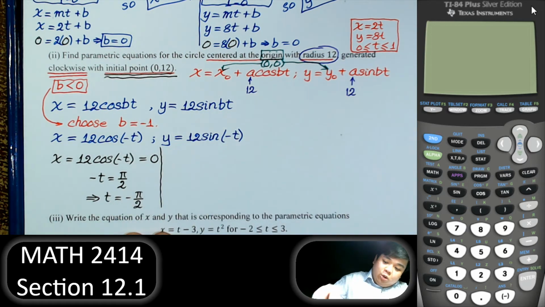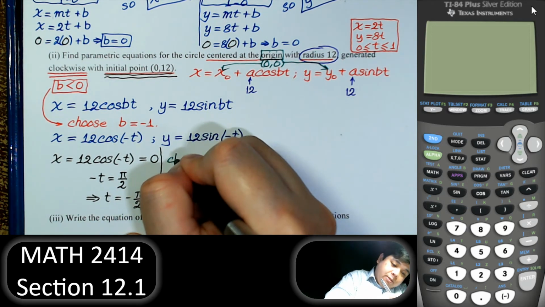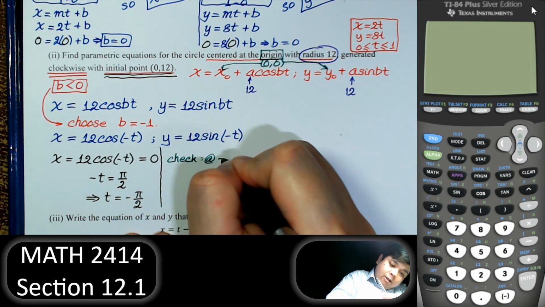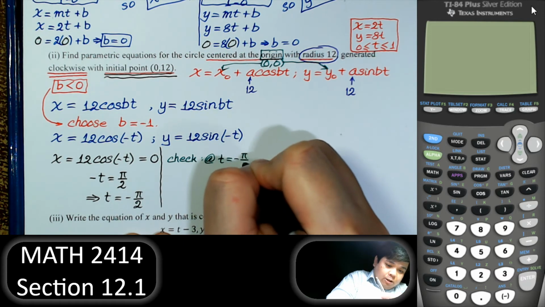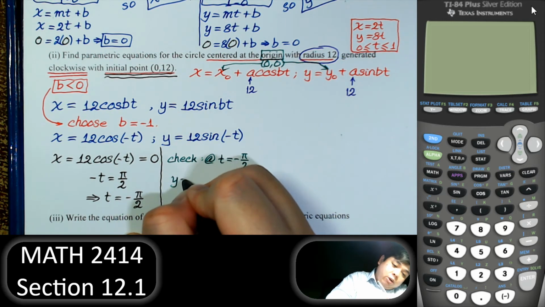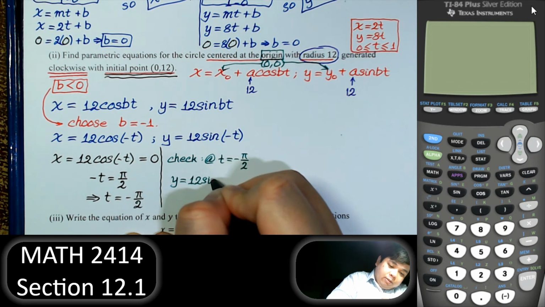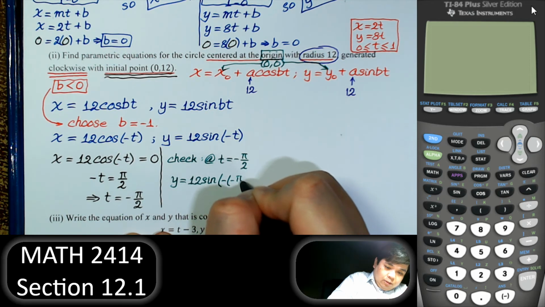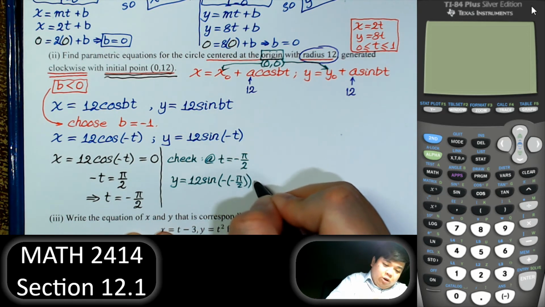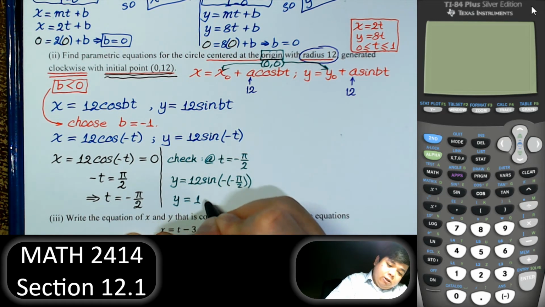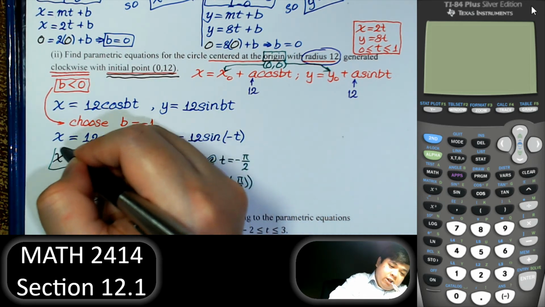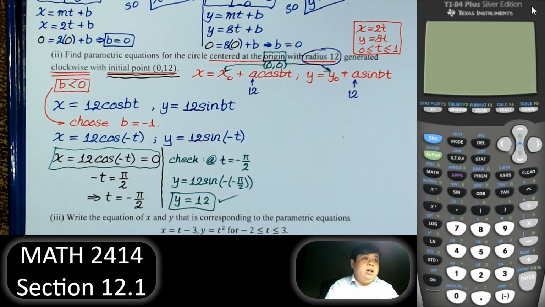We just need to make sure that it checks out with this. With t equal to -pi over 2, we have y equal to 12 sine of pi over 2, which is 1, so this equals 12. That checks because we have the point (0, 12). So when t equals -pi over 2, that certainly works.